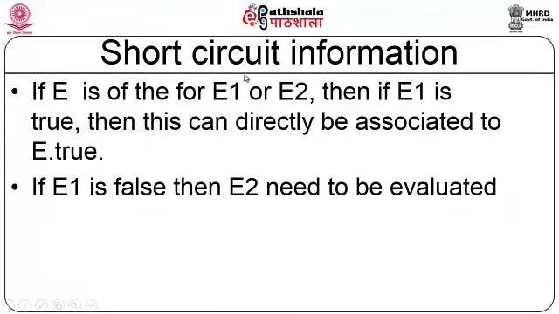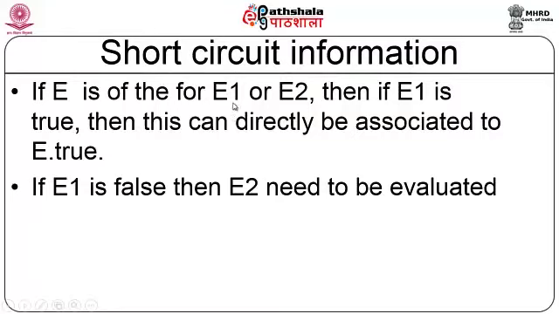If it is an AND operator, then if E1 is false, I need not even look at E2. On the other hand, for an OR operator, if E1 is false, only then I will evaluate E2, because for two expressions connected by an OR operator, if one of them is true, the expression itself is true. So that is your understanding, and that is used as a basis for generating 3-address code, which incorporates your short circuit information.